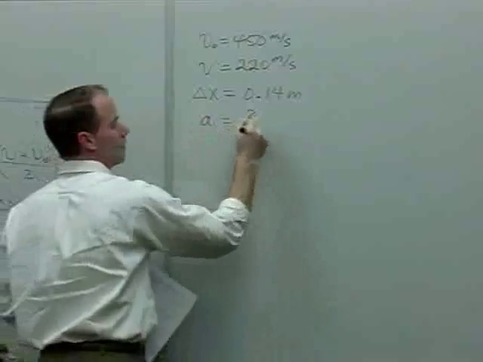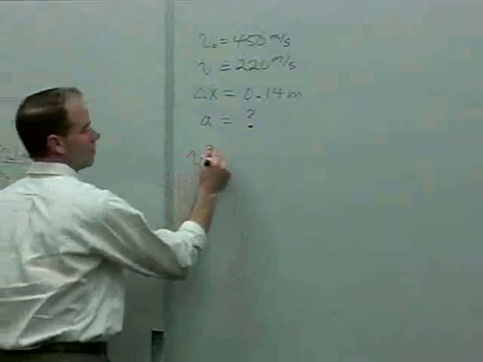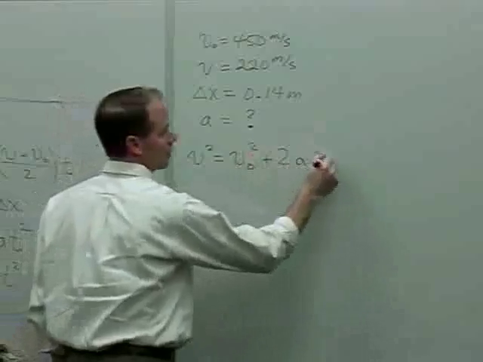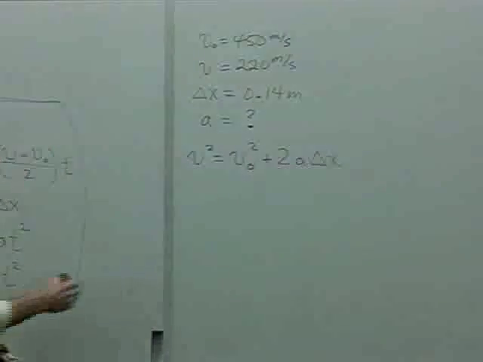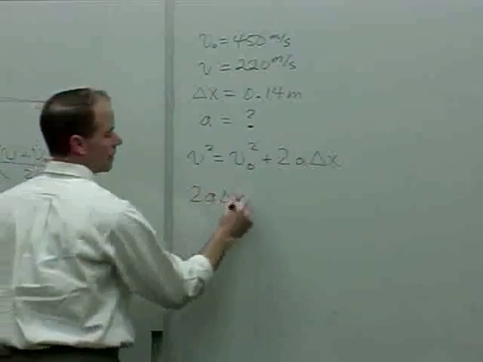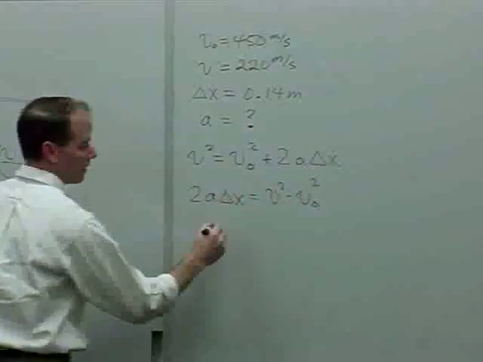And we're asked for acceleration. So we use kinematic equation number 3. Final velocity squared equals initial velocity squared plus 2 times acceleration times displacement x. Solve this for acceleration. So we'll have 2 acceleration delta x equals final velocity squared minus initial velocity squared.